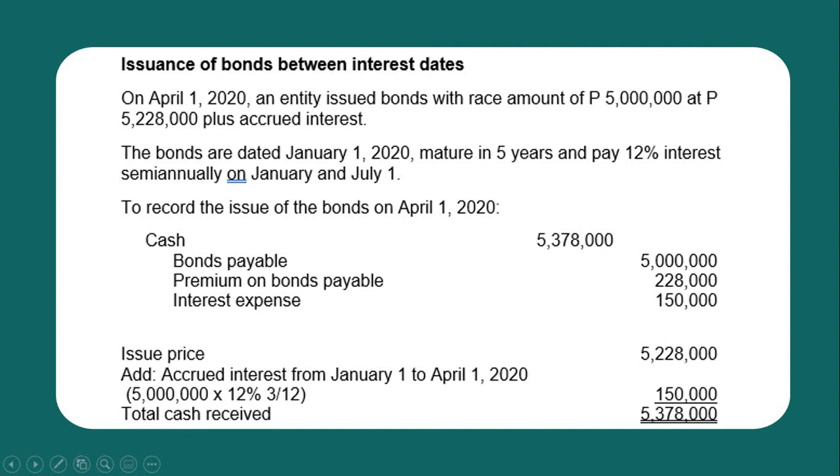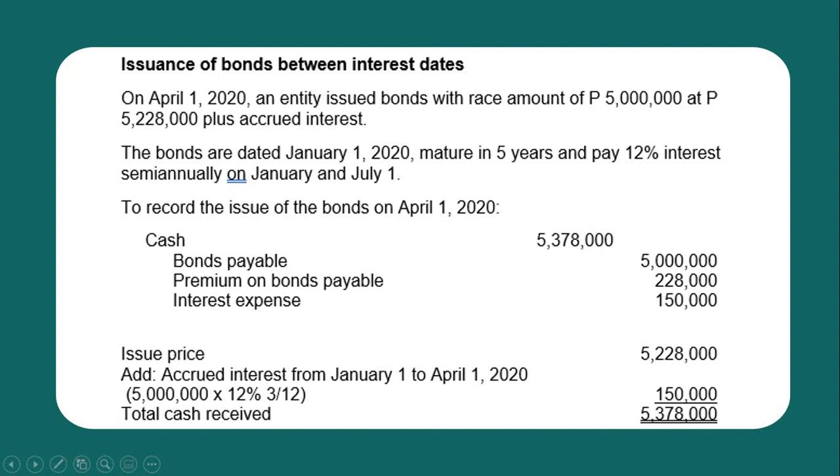This will also include the accrued interest. The accrued interest covers 3 months, from January 1, the previous interest date, until the issuance date of April 1. So that is 5 million times 12% times 3 over 12. So we have accrued interest of 150,000.